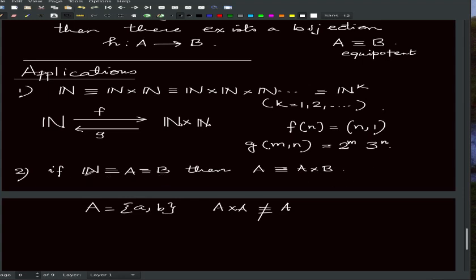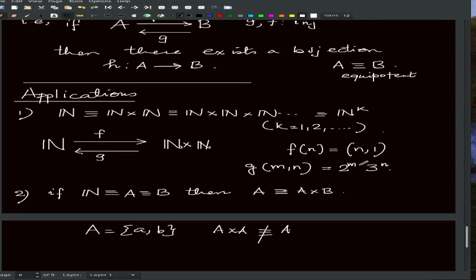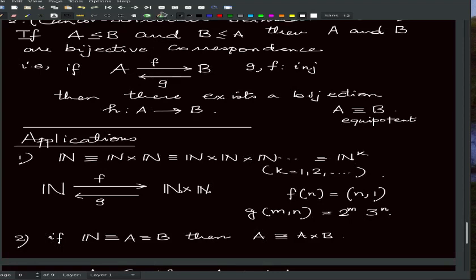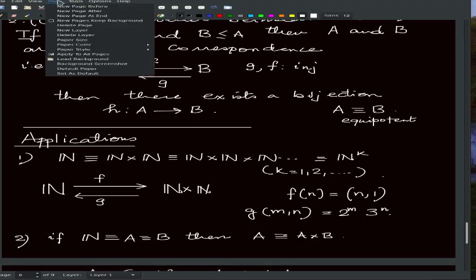Use the definition that this means that there is a bijection between them to translate this one that I did just now into a bijection between A and A cross B. So how does this help us in getting more? Here it is.